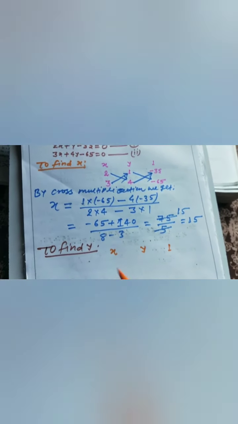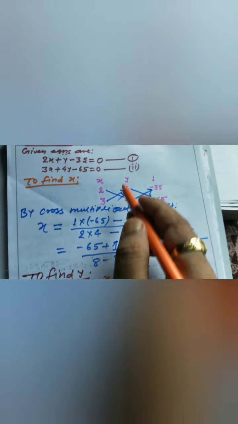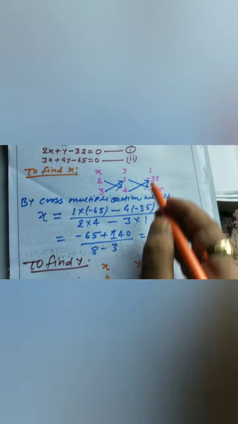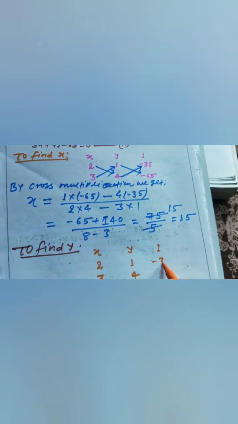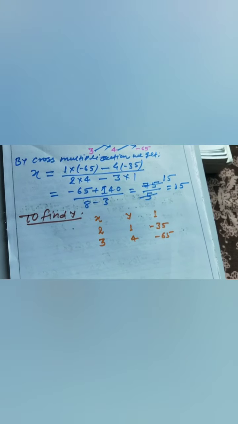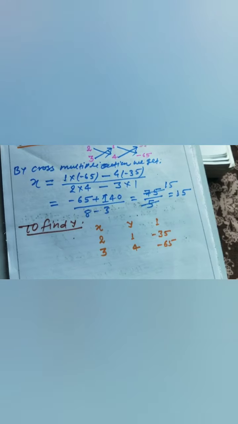Below x you have to write the coefficient of x in equation first and second. 2, 3, the same thing will be written here. 1, 4 will be there here, and minus 35, minus 65. Now you have to find the value of y.